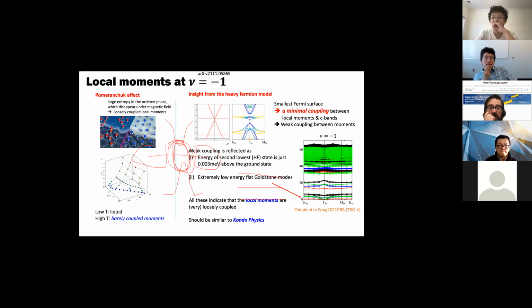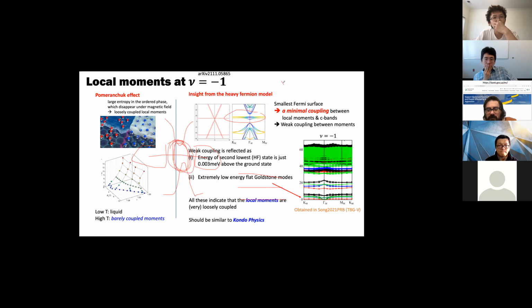But in the Bistritzer-MacDonald model at the magic angle, this is a particularly good description, and there are different fillings at which you can get what you said, similar to quantum physics, local moments loosely coupled to some conduction band, but not at all fillings.